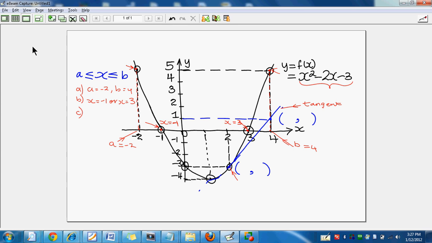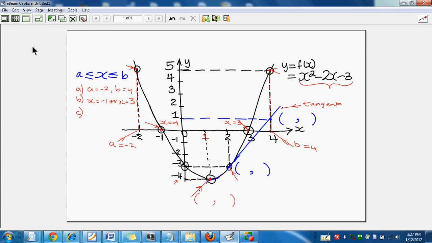Now the minimum point on the graph will be the lowest point on the graph, the bottommost position. So the minimum point will be right here. That's where the graph bottoms out. That minimum point, if we look at it carefully, will have coordinates x value of 1, this one here, a y value of minus 4, which is this minus 4 here.